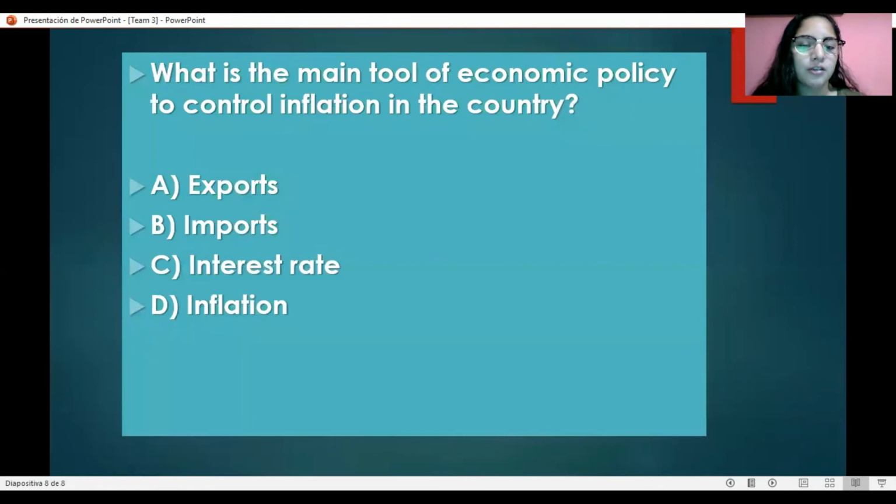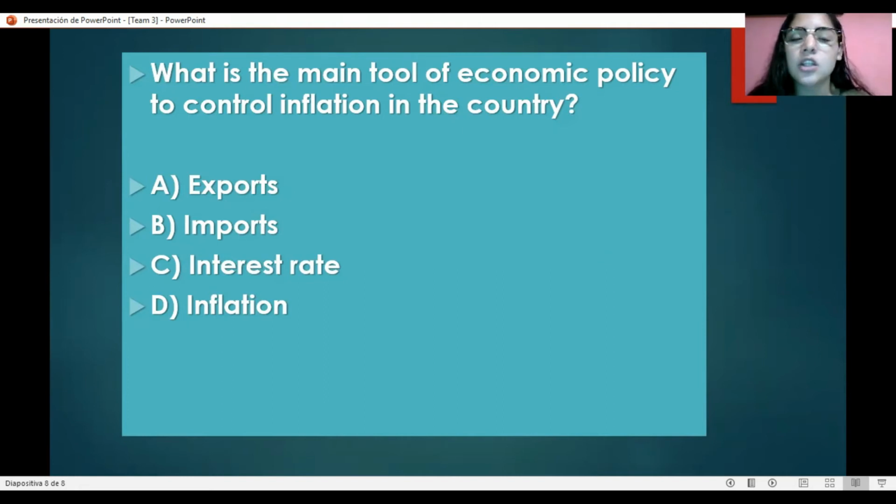You can raise your hand, or maybe send me a private message. Okay, one more time. What is the main tool of economic policy to control inflation in the country?